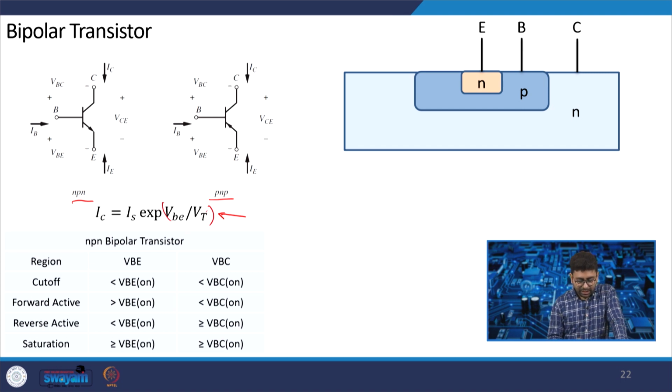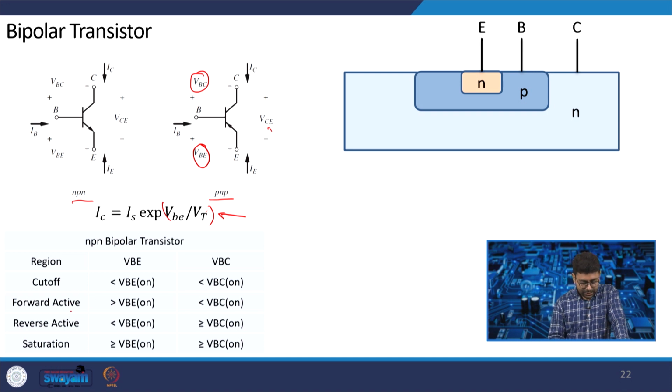Based on the voltage VBE and the voltage VBC or VCE, we can find out which region the transistor is in. For cutoff, VBE should be less than VBE on and VBC is also less, so when both are less, it is the cutoff region.